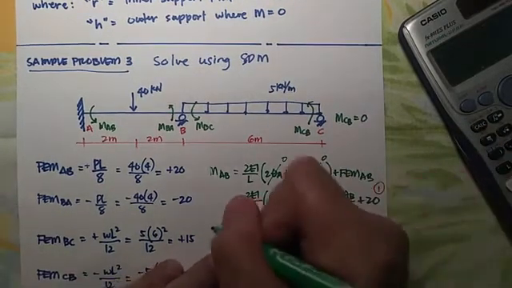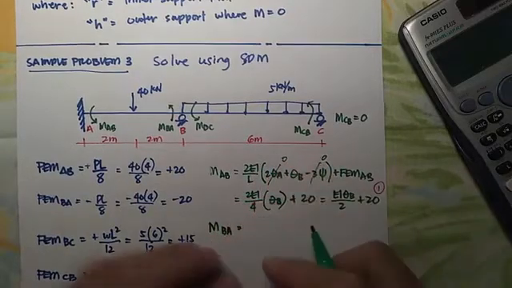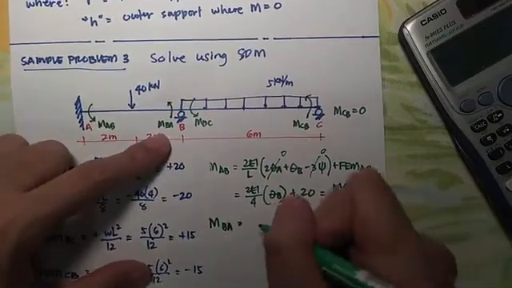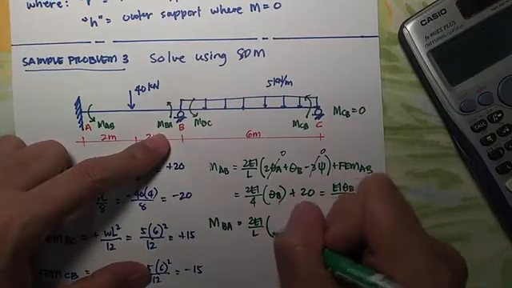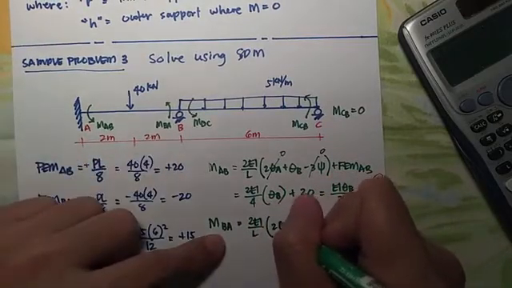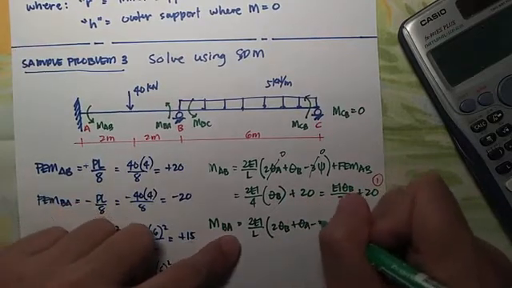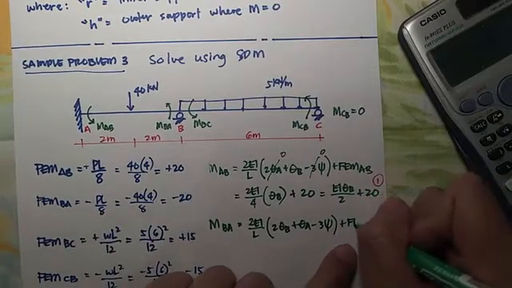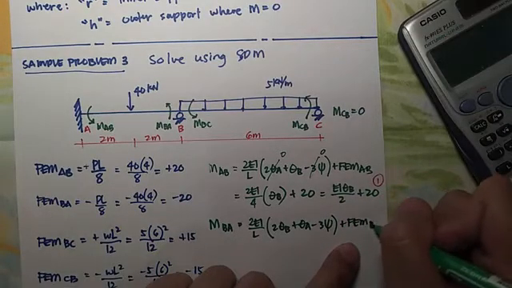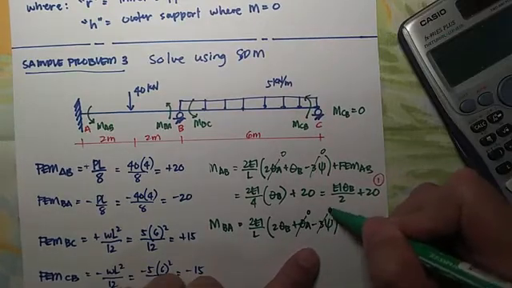Next, what about MBA? For MBA, it's again 2EI over L times (2 theta B plus theta A minus 3 psi) plus the fixed end moment on BA. Again, theta A is 0 and the deflection here is 0.